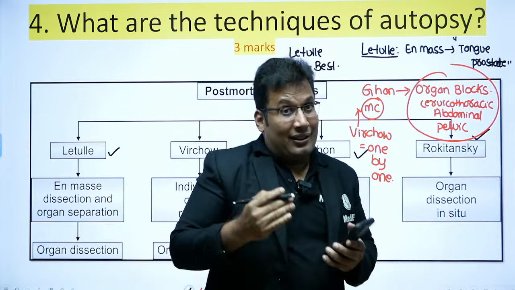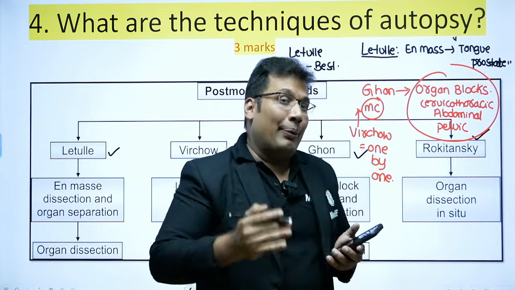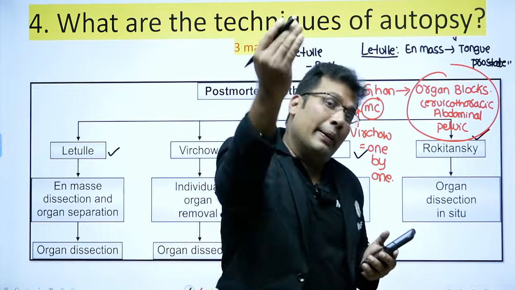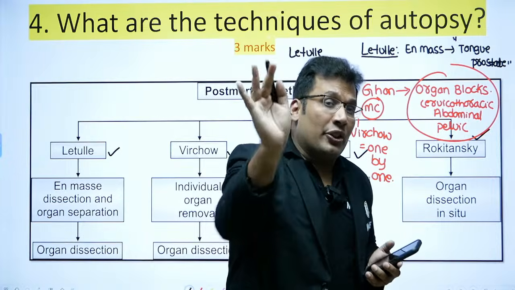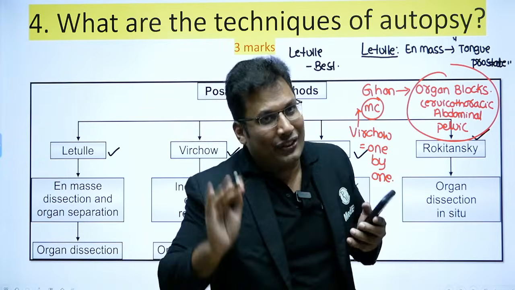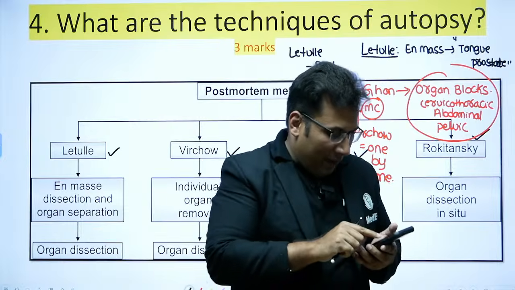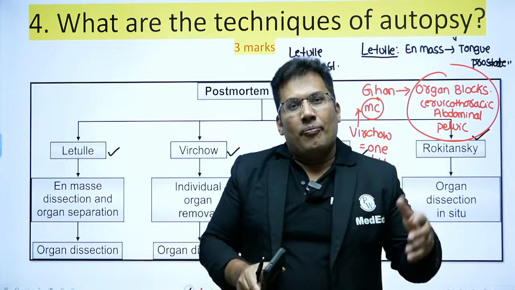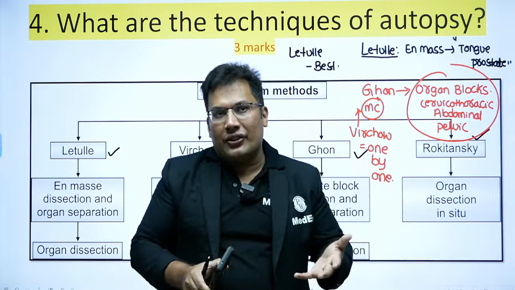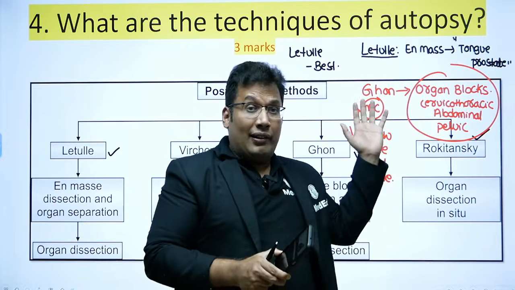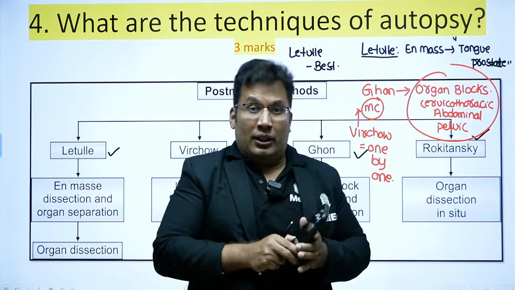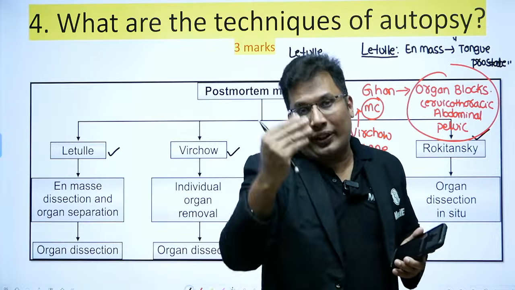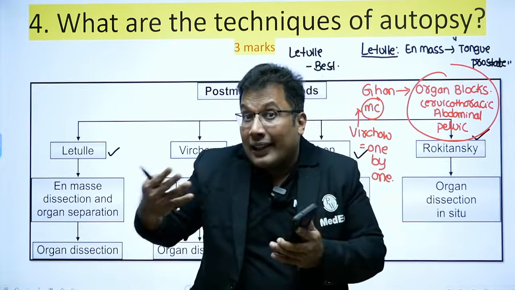Now say some example. Say the dead body is COVID-19 positive, or HIV positive, or hepatitis B positive. What is the technique we are going to use? 1 by 1? Come on, guys. If you open the organs by Gaunt technique, Letourley, or Virchow technique, definitely there will be a risk of transmission of HIV and hepatitis B to the doctor or to the technical staff.